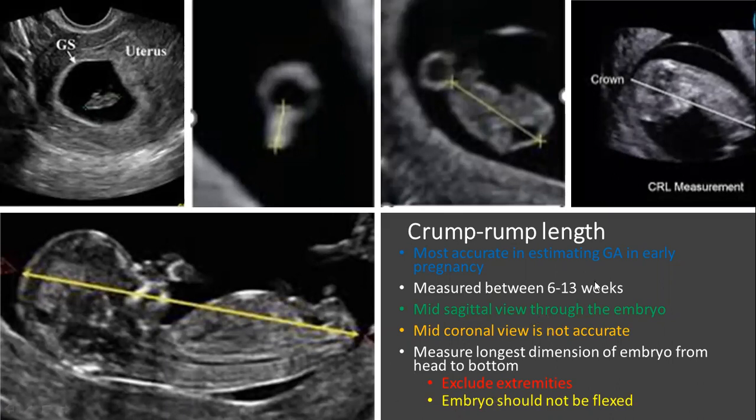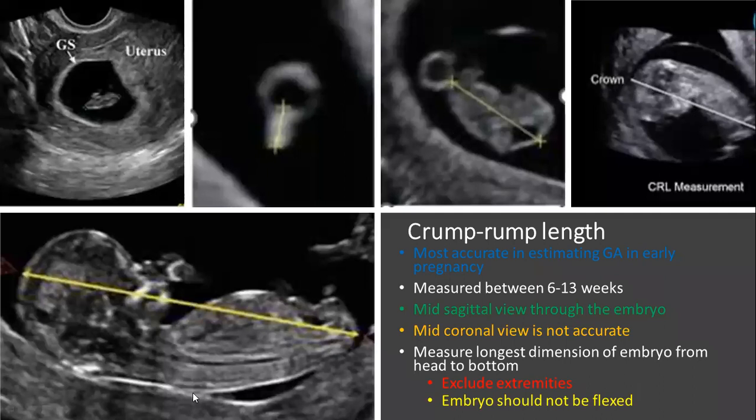I know most of the time we are tempted to measure our crown rump length in coronal views, but the coronal view is not accurate. So we really have to be patient and wait for our baby to turn if they are in a coronal view, so that we get the sagittal view and measure our crown rump length. So these are just images showing us how we measure our crown rump length. We can even measure it in the first early days when we have our diamond ring sign, as indicated on this image. So we're measuring from crown to rump in a sagittal view.